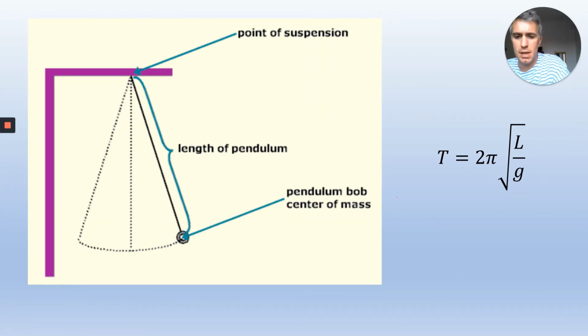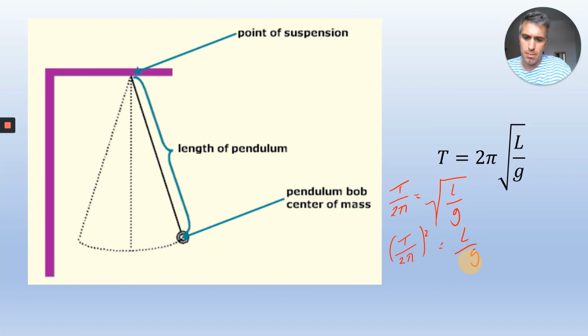So, okay, let's try and rearrange this equation. So we move the 2 pi across, so we have T over 2 pi equals square root L over G. If you square this side, then we have, keeping it tidy for now, T over 2 pi all squared equals L over G. The next stage is basically, we want G, but we don't want G on the bottom.